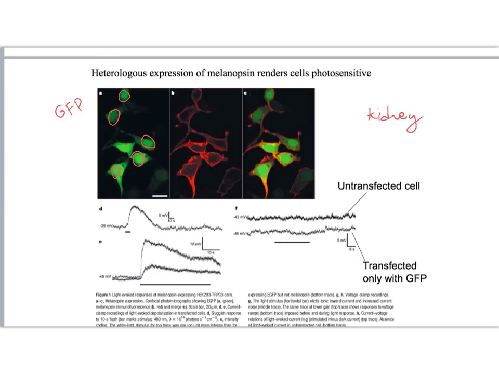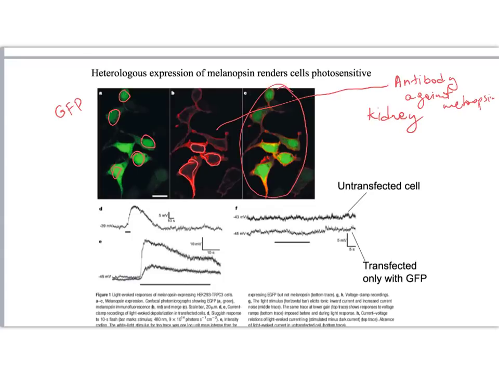And then in red, you stain them with an antibody against melanopsin. And you see that indeed they are expressing melanopsin in the membrane as they're supposed to, because melanopsin actually is expressed on the membrane. And this is the merged image with the two colors.